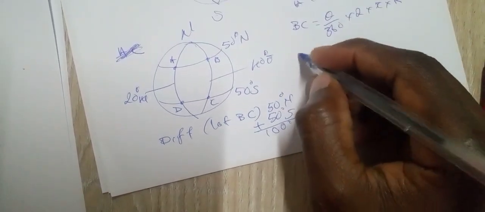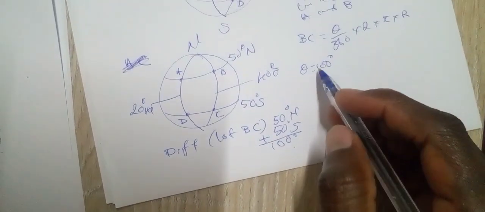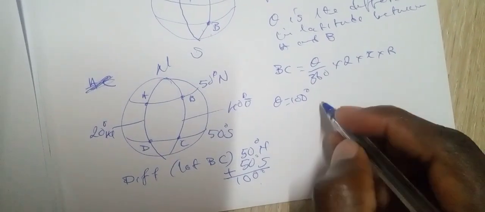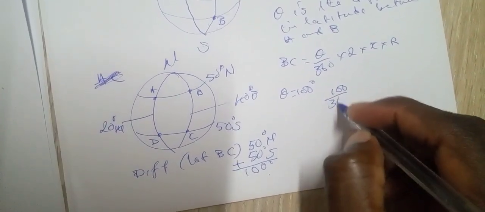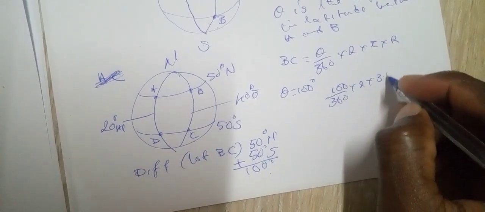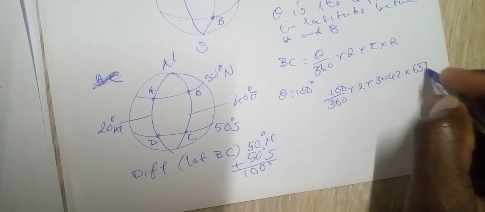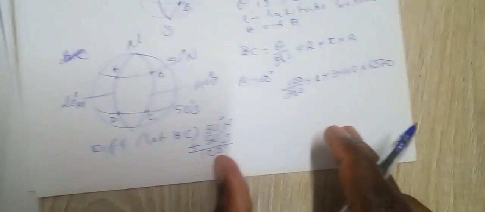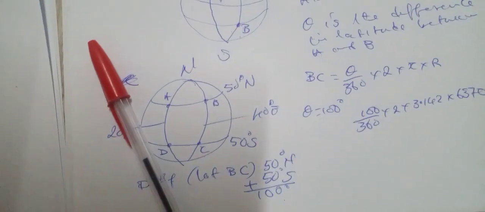So we have found our theta to be 100 degrees. Once you find your theta, just substitute in the formula and work it out. So we're going to say 100 over 360 times 2 times 3.142 times 6370. Once you have this, all you need to do is punch it in your calculator and you'll get the correct answer.